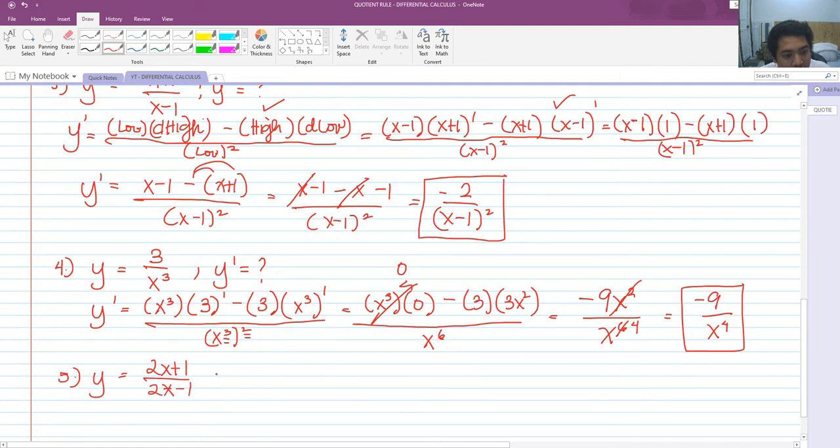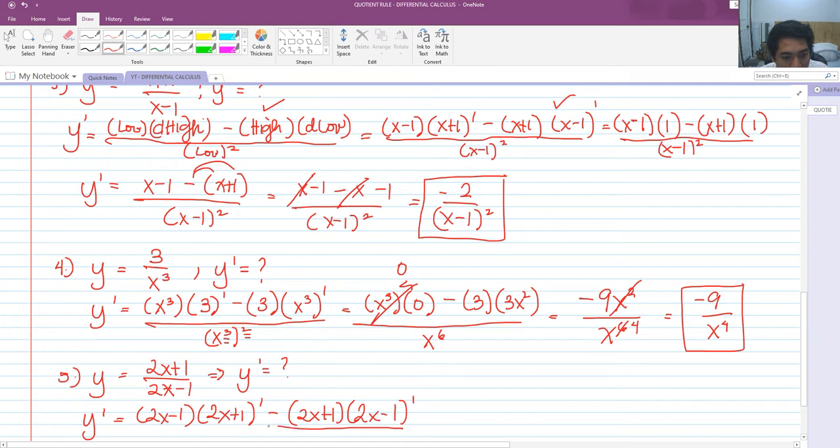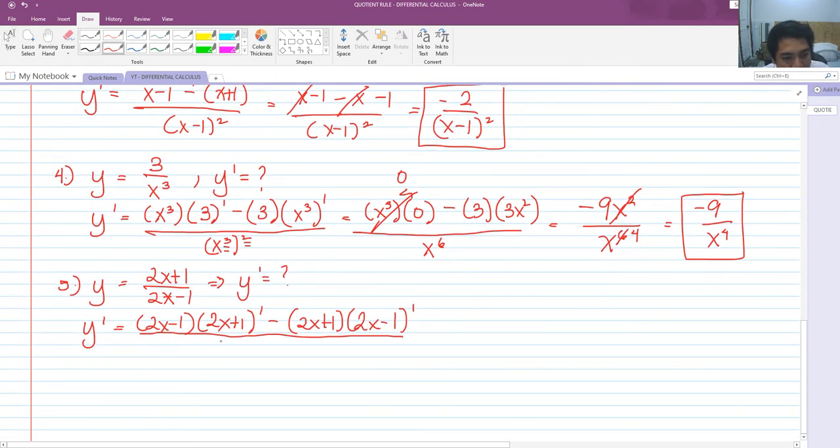So again, applying the formula for quotient rule, low d high minus high d low. So low would be 2x minus 1 multiplied by the derivative of high, which is 2x plus 1 prime, minus high, that is 2x plus 1, multiplied by the derivative of low, 2x minus 1 prime, all over low squared, we do have 2x minus 1 squared.